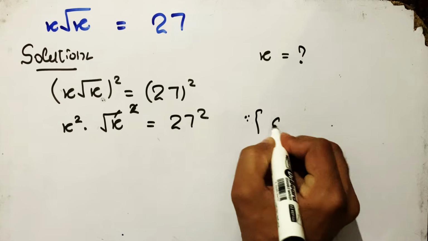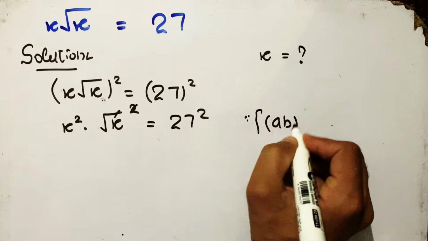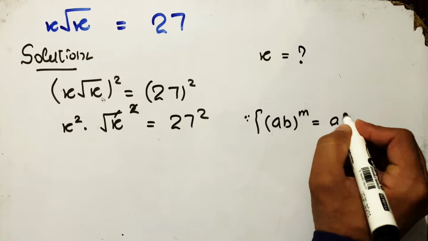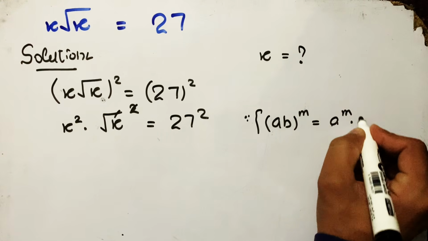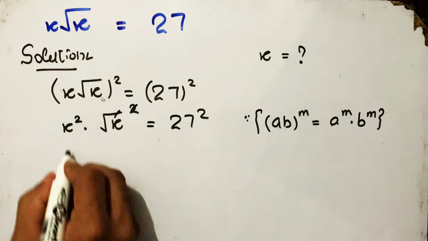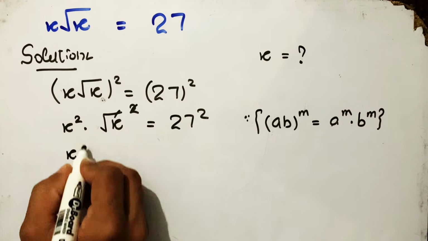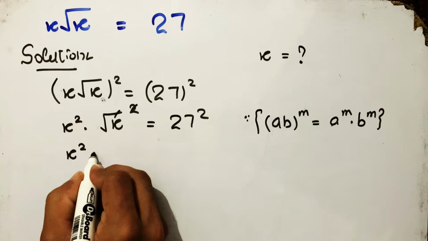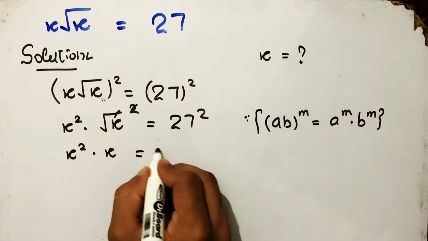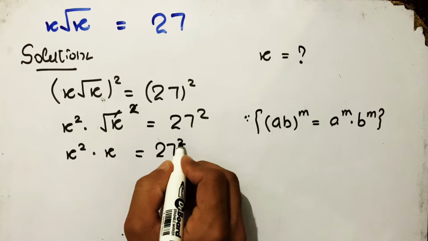Both have square, means a to the power m and b to the power m. So this means that x square and x, which is equal to 27 square.